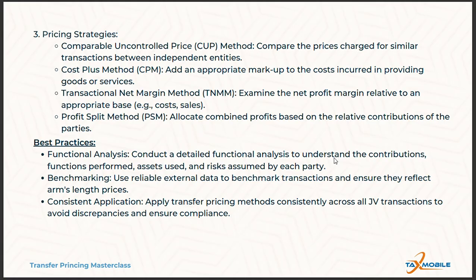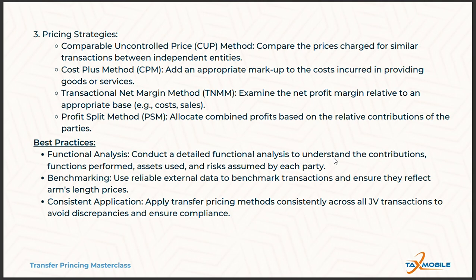Now, let us look at the best practices for pricing strategies. Now, functional analysis. Conduct a detailed analysis of the functions performed, assets used, and risk assumed, that is the FAR analysis, by each party in the joint venture. This will guide you in selecting the appropriate pricing method. Now, another is, use reliable external data to benchmark transactions.